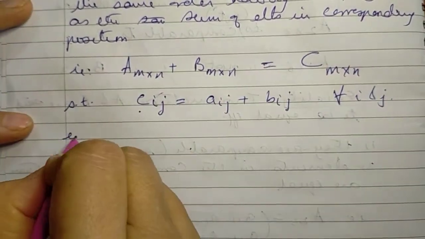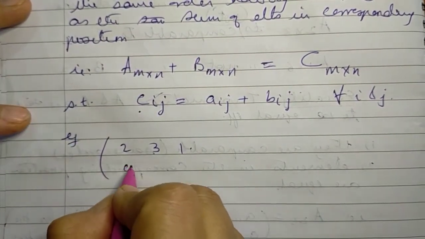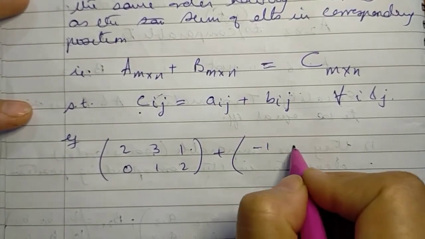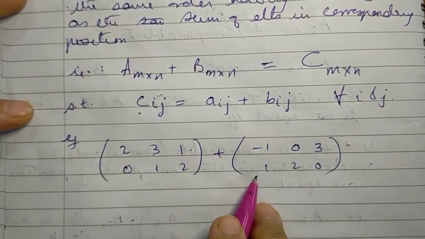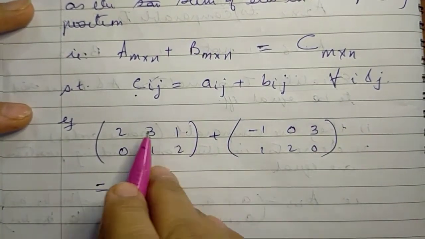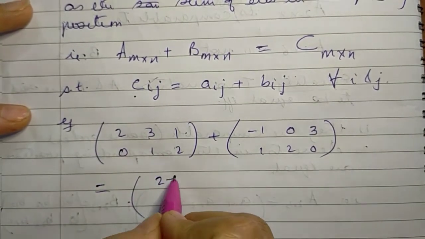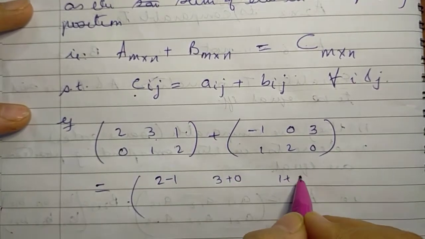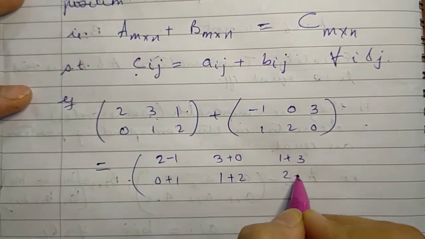For example, if you have 2 3 1 / 0 1 2 and you are adding minus 1 0 3 / 1 2 0, you will get back another matrix having in the first position the sum of these two: 2 minus 1, then 3 plus 0, then 1 plus 3, then 0 plus 1, then 1 plus 2, then 2 plus 0.